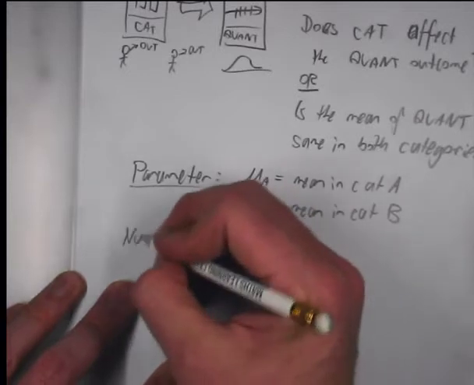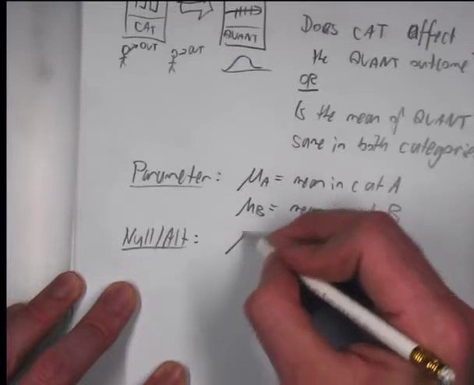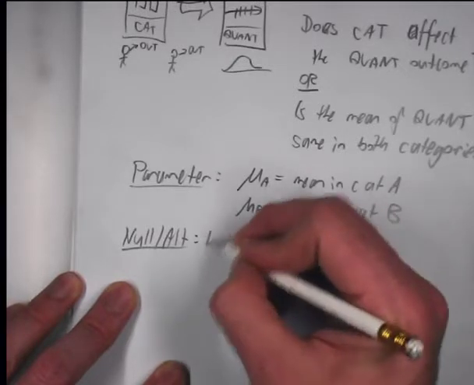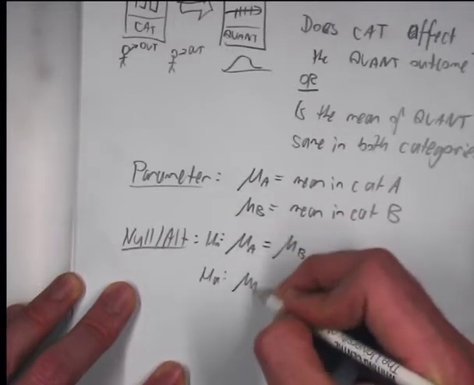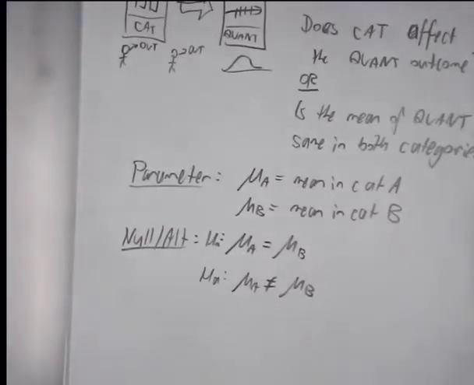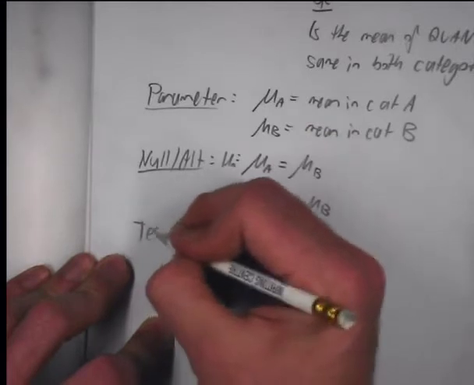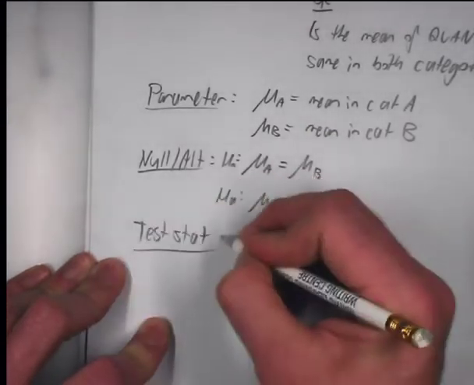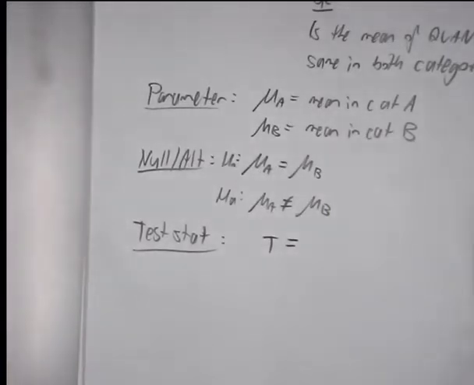And the null hypothesis is that mu A is equal to mu B, and the alternative is that mu A is not equal to mu B. All right, quickest way to do that. And then we've got a test statistic, which is T, and it has a formula which is complicated.